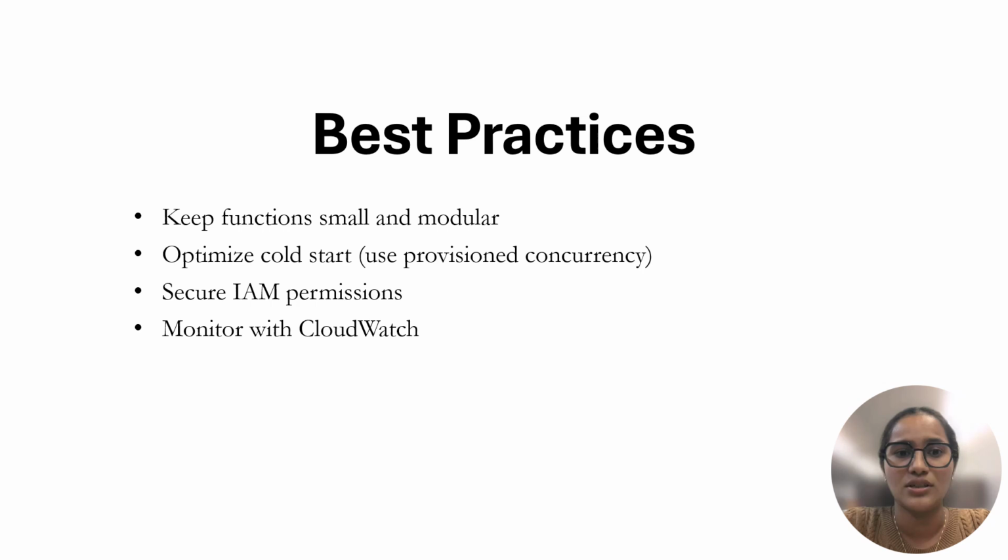Use provisioned concurrency if you need to avoid cold starts. Apply least privilege IAM rules for security. Monitor logs and metrics through CloudWatch. And the last is to store configuration in environment variables instead of hard coding values.